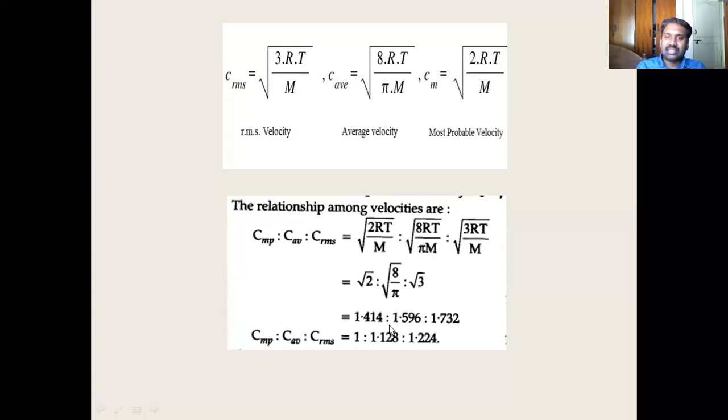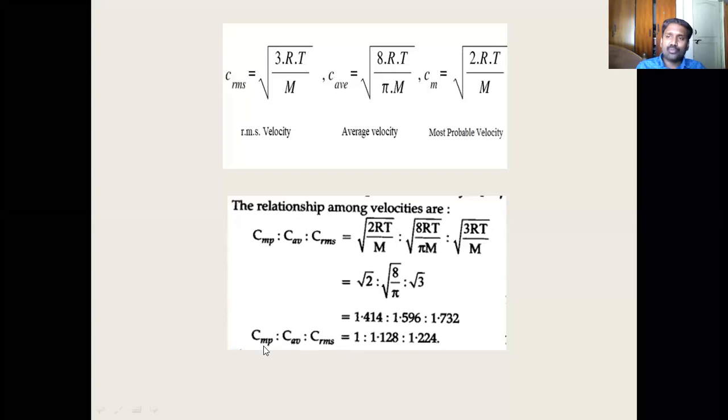So you can arrive at a very important relationship. Most probable velocity is to average velocity is to RMS velocity is equal to 1 is to 1.128 is to 1.224. So what's the use of this relationship? You can simply calculate the two unknown velocities if one is known.